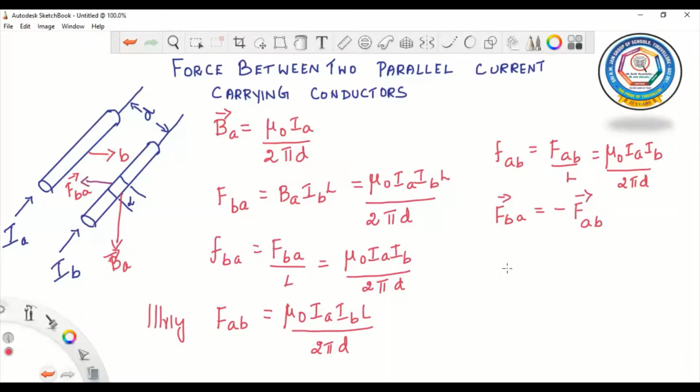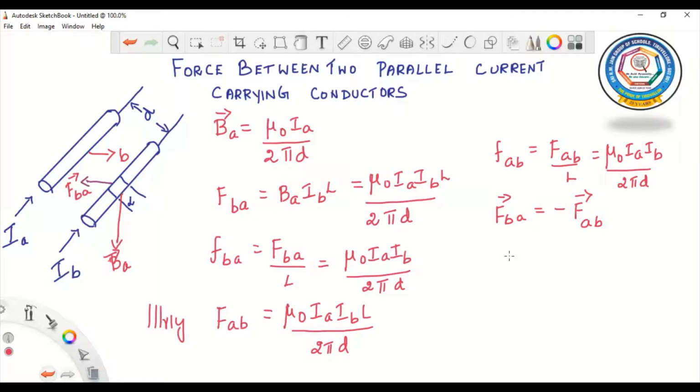So we can say that two parallel straight conductors carrying current in the same direction will attract each other. Now we will have one question: if the direction of the current in the conductors is opposite, what will happen?